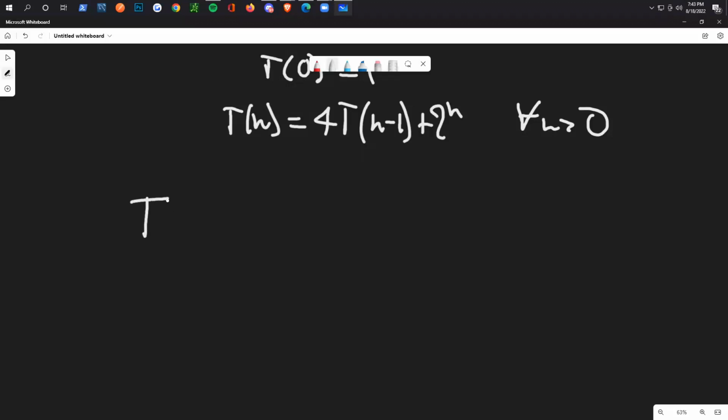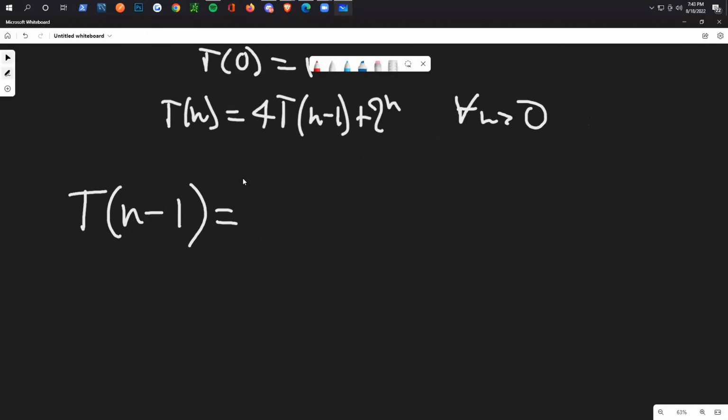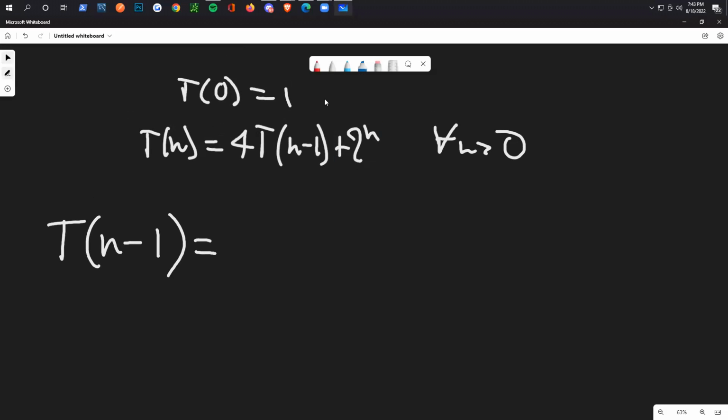So we can say that t of n minus 1 is equal to, and pretty much the whole process is you follow the trend that the current function is going down. Right in blue, you have everything that's going to stay the same, so t of n. If you're going down by 1 in every recursive call, then what you plug in for this variable in the next call is going to be 1 less.